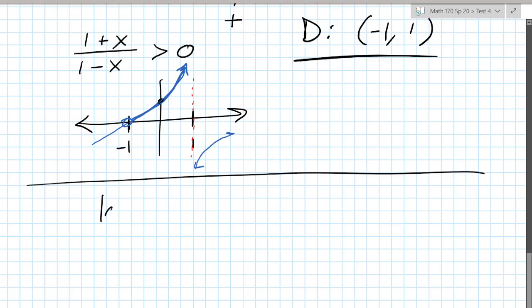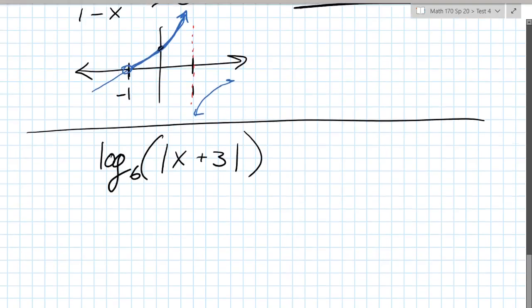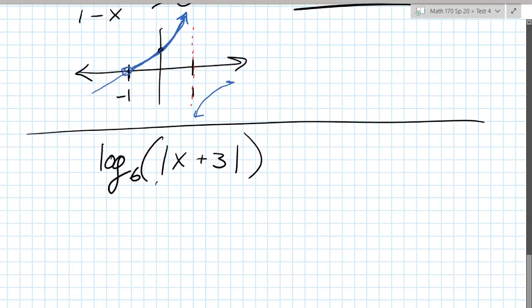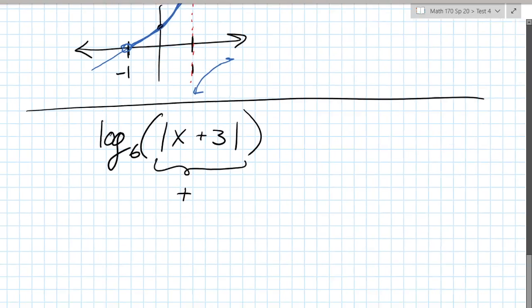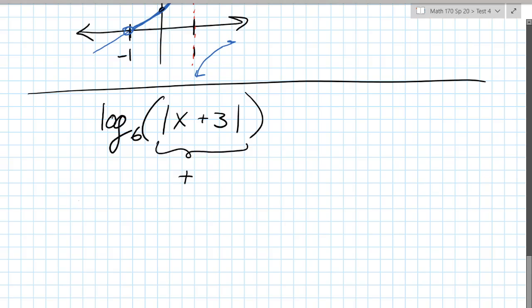What about log base 6 of the absolute value of x plus 3? So what do we know? We know we need to keep this positive. So the question is, when is the absolute value of x plus 3 greater than 0?